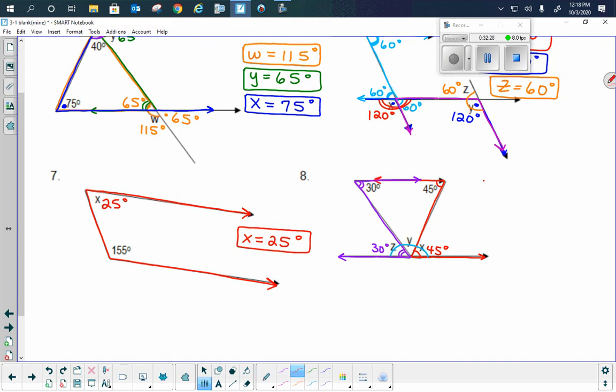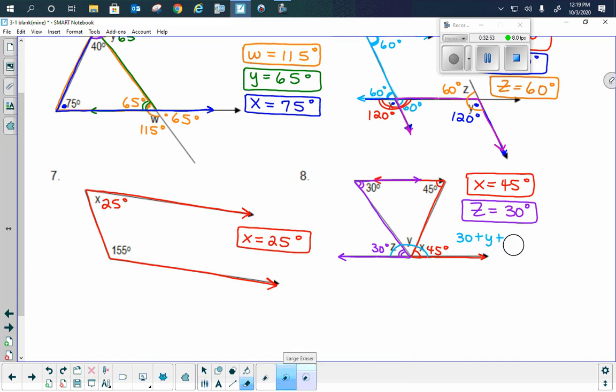We didn't gather our stuff as we were going here, but let's do that now. We saw that x equaled 45 degrees. We saw that z equaled 30 degrees. And just so you see it again, what I was coming up with for y, either from the triangle or the straight angle, you would be saying that 30 plus y plus x, and x is 45 degrees, plus 45 equals 180.